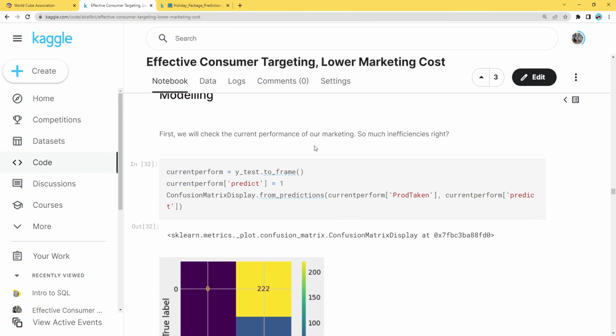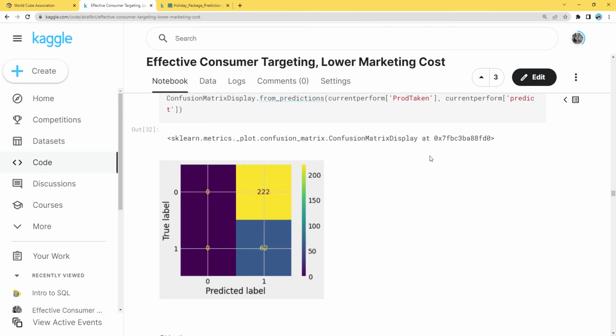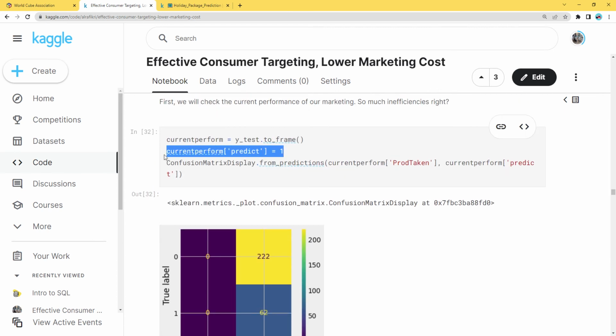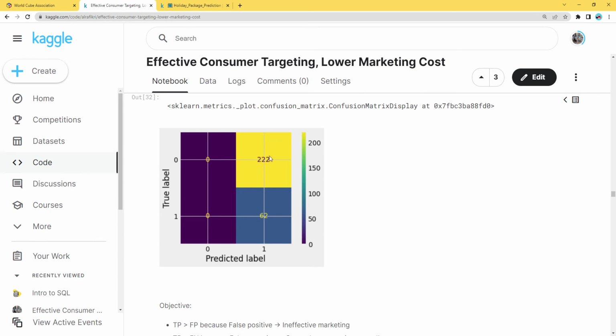Okay, so first here we want to check the current performance. All of this data is from the pitch consumers, right? So we predict that the consumer will take the product if they are pitched. It's the most effective marketing, right? But 222 people are actually false positives.